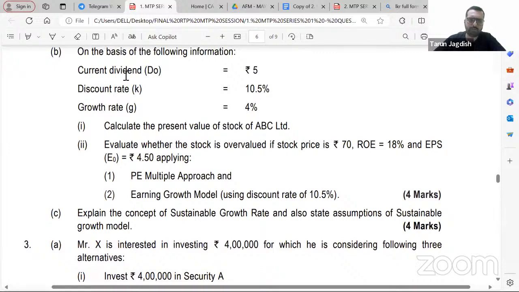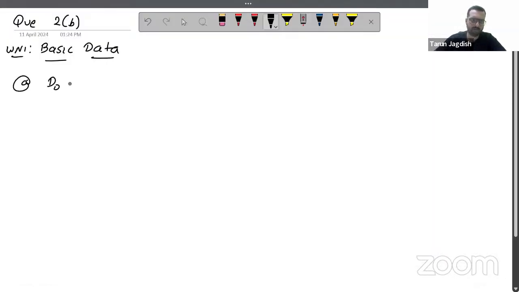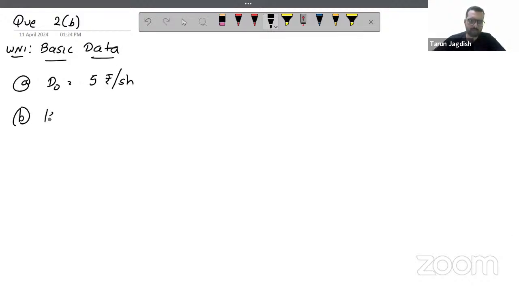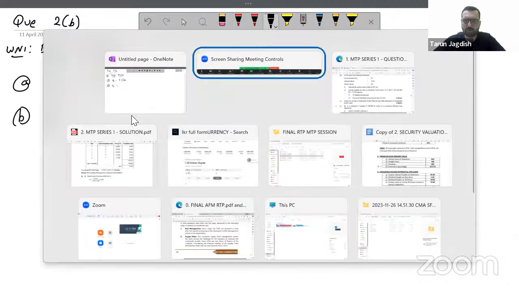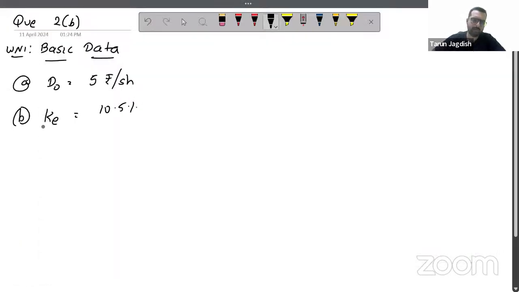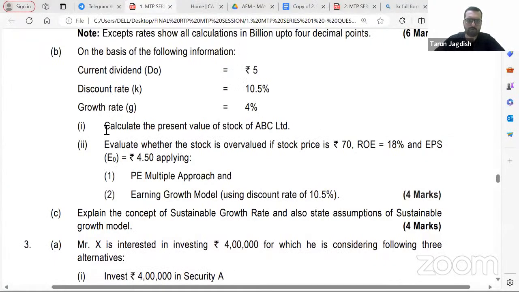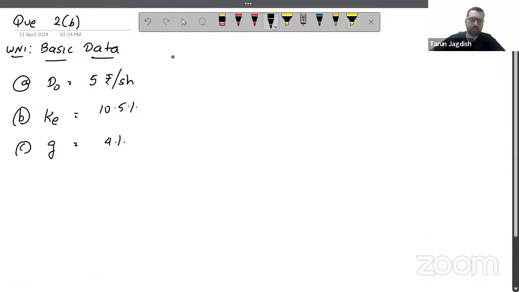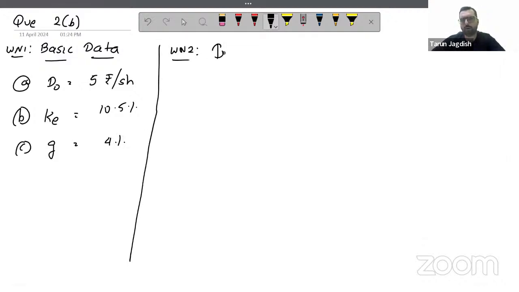So here you have D0 is 5. KE, cost of equity, is given in the question as 10.5%. They have also given you the growth of 4%. So friends, from this, can I find out the price using Gordon's model?